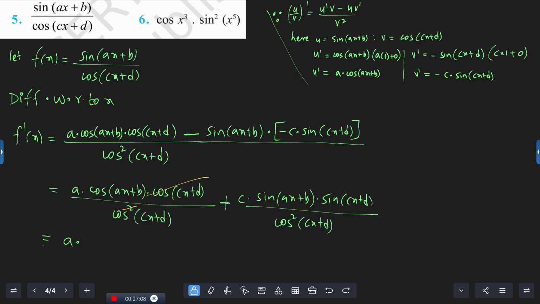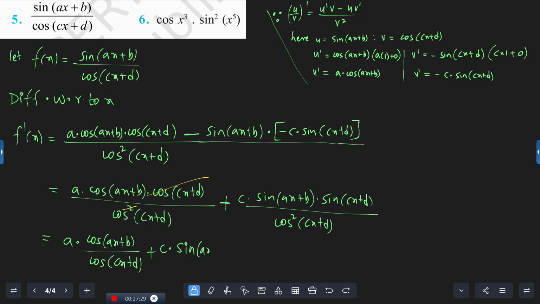We cannot cancel, let it be as it is. Plus c into, and this side we can simplify, sine of ax plus b, let it be as it is.